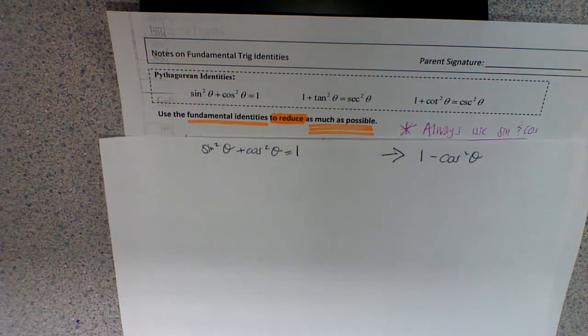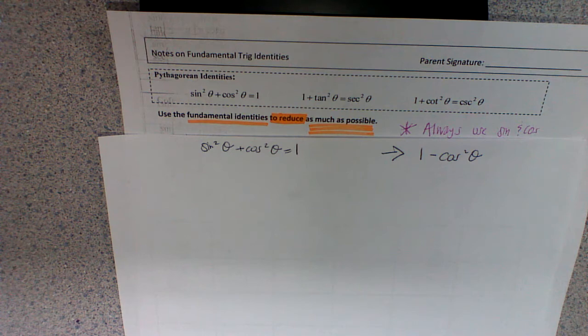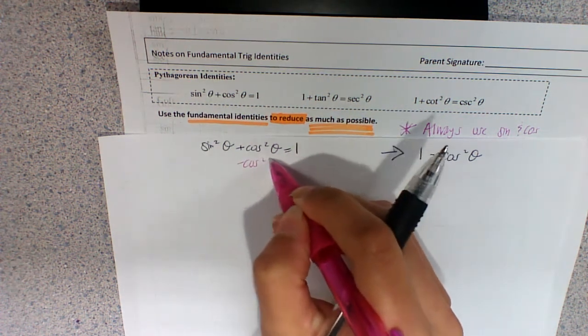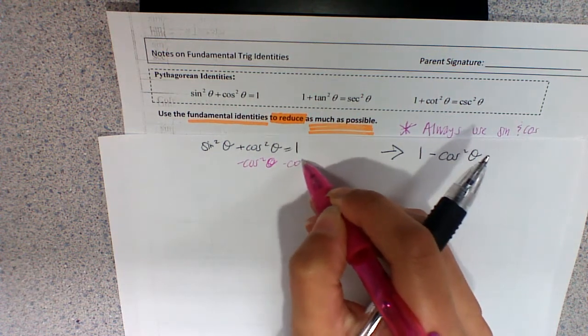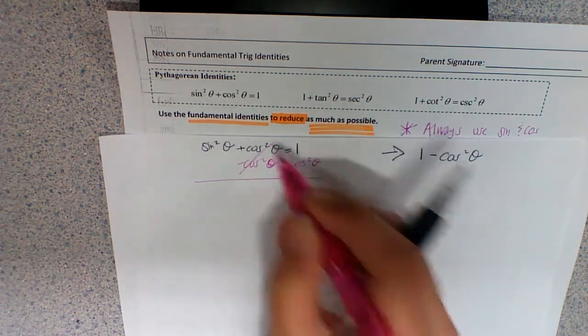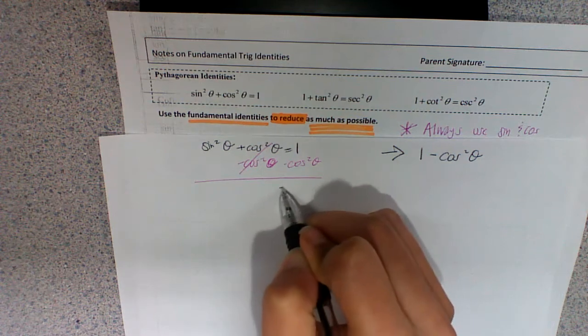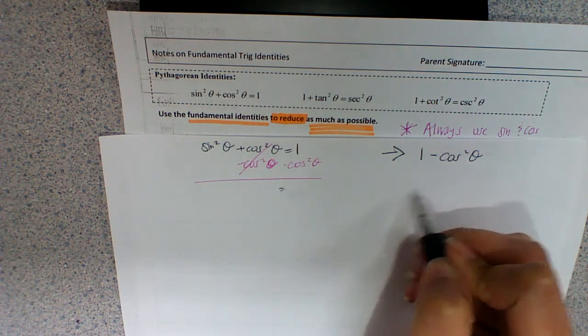So let me see if I can do that. If I simply subtract cos squared on both sides, just like that, it goes away from here, giving me what I want on the right side, which is 1 minus cos squared.